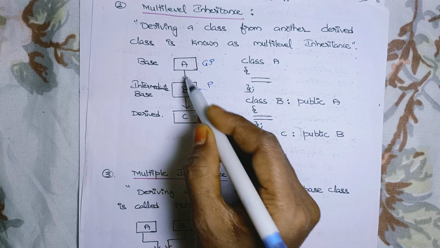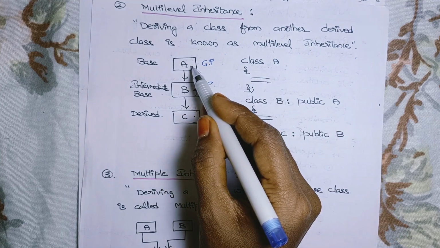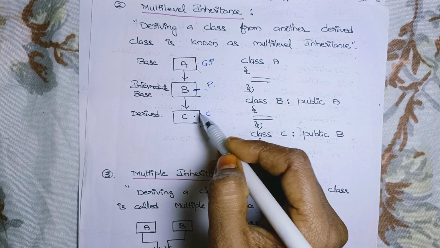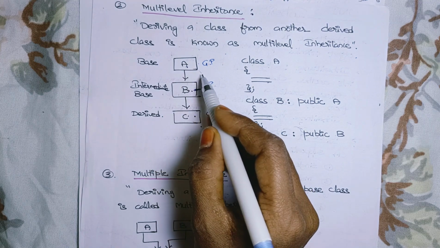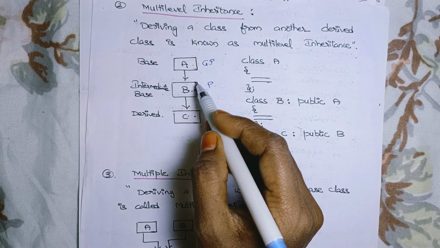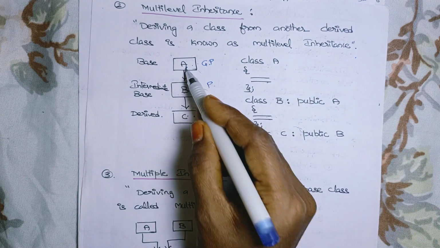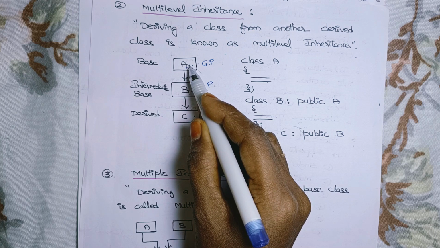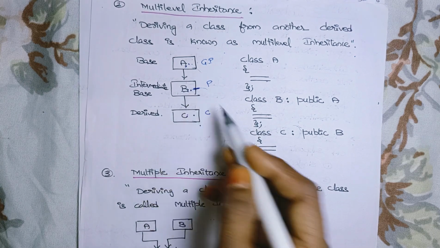The child has the parent's properties, and the parent has the grandparent's properties. So class B derives A properties and class C derives B properties.